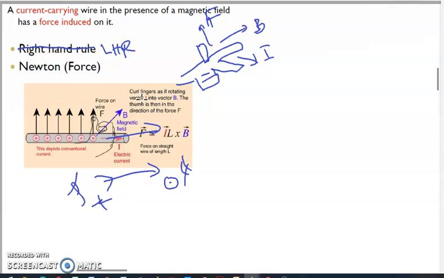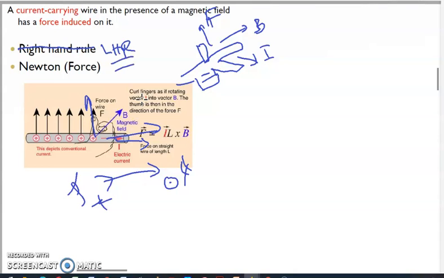The field is going to your index finger. So this is I, moving to the left, so your force will be upwards. So it should be the left hand rule, not the right hand rule.